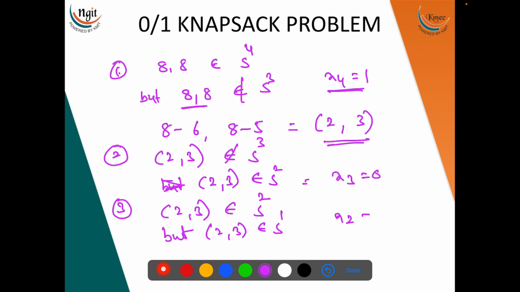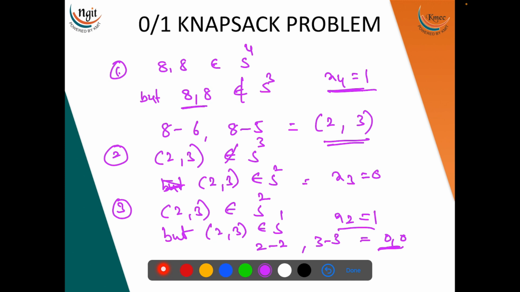That means X2 is included. When X2 is included, 2 minus 2, 3 minus 3, which is 0 comma 0. So the bag capacity is completely utilized with the X4 object and the X2 object.